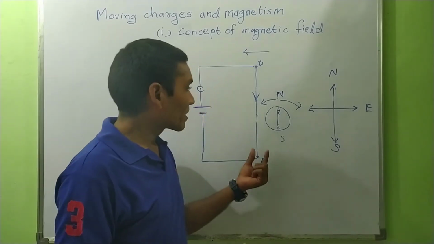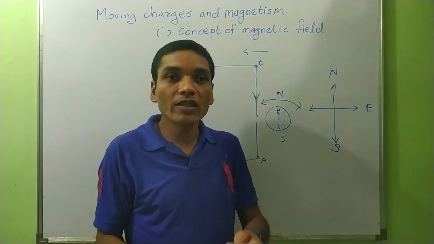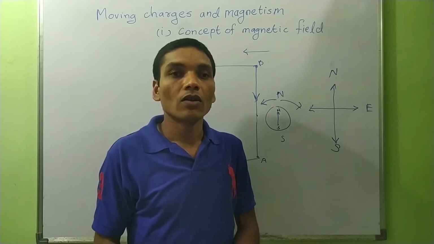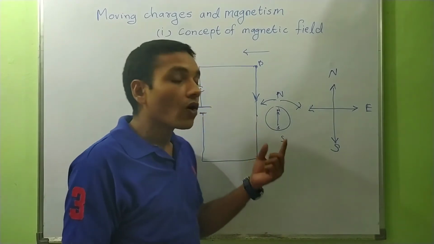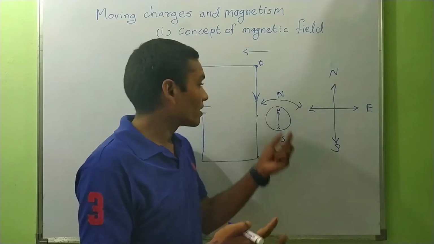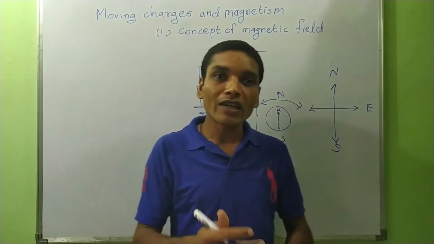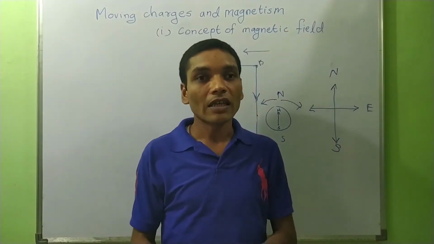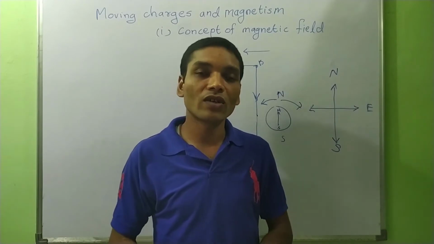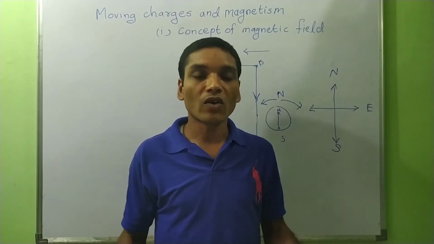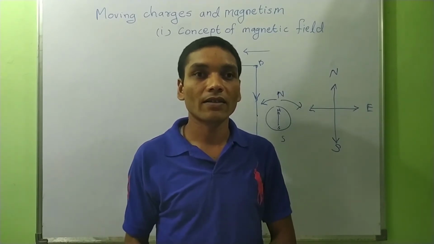So why is the magnetic field produced here? Due to the flow of charge, because when current is flowing, electrons are flowing through the conductor, and electrons are charged particles.